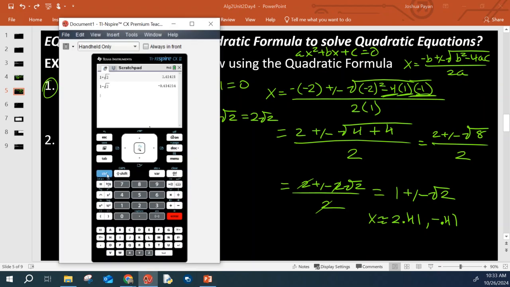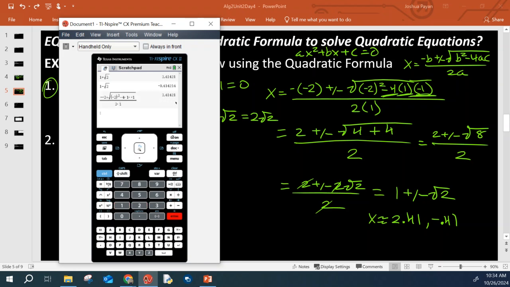Okay, so big fraction, so control divide, negative 2, and then we're going to do plus first, and then square root, so control x squared, and then we do negative 2 squared minus 4 times a times c, all divided by 2 times a.